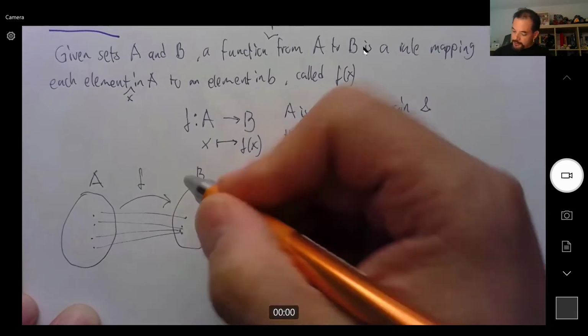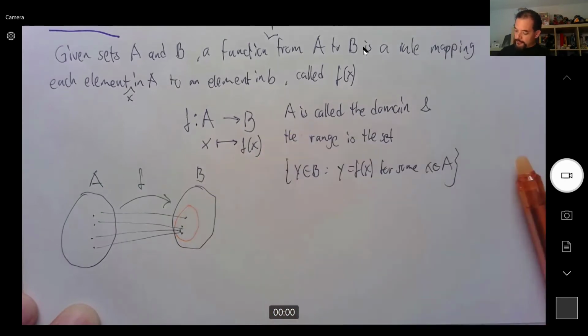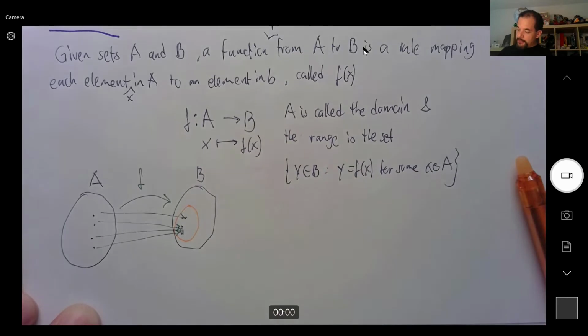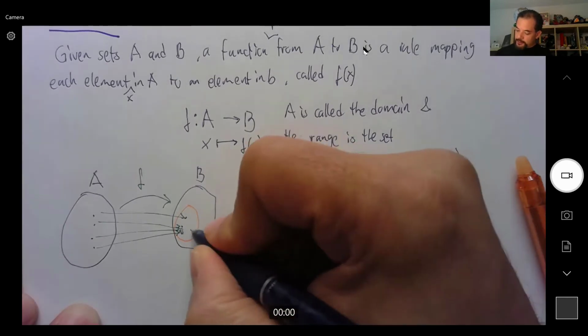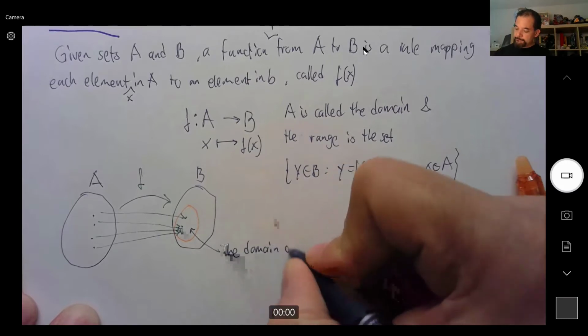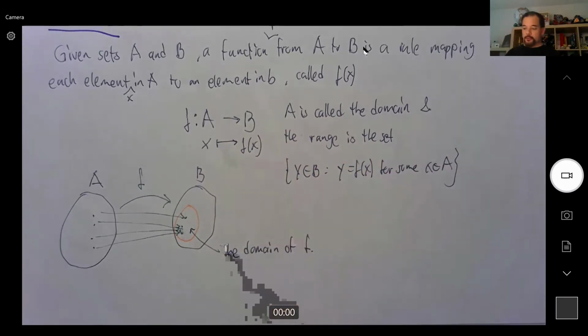And these would be whatever elements get an arrow from the elements in A, that's what we mean by the domain. So this orange one is the domain of F. I'm going through this, like I said, a bit quickly because I'm counting that you know most of what I'm talking about right now.